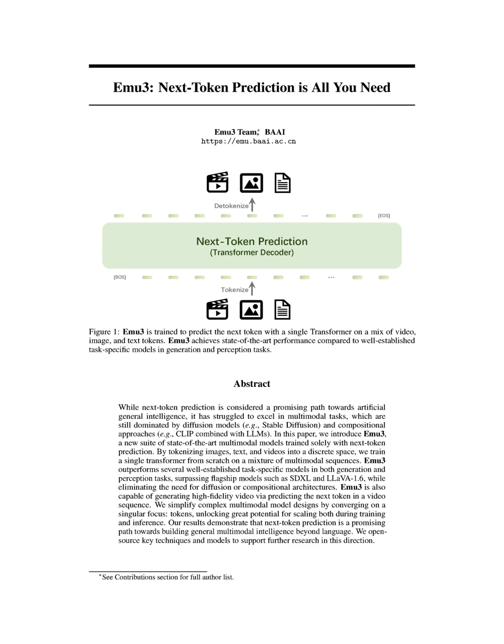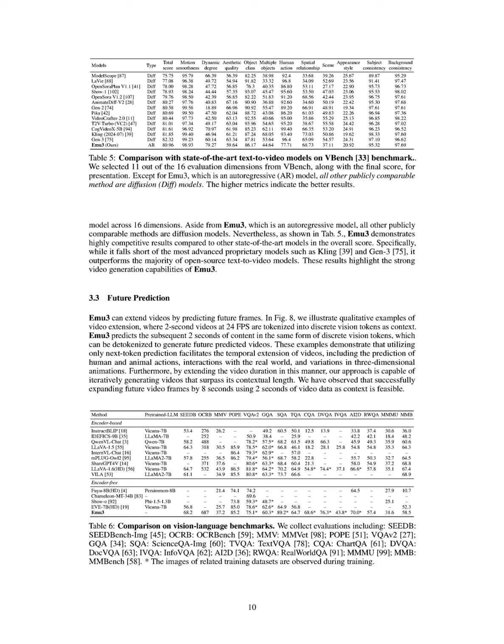Furthermore, Emu3's approach eliminates the need for complex compositional methods, allowing for a more streamlined training process and improved scalability during both training and inference. Overall, Emu3's performance on these benchmarks highlights its potential to redefine multimodal model capabilities without relying on task-specific architectures.